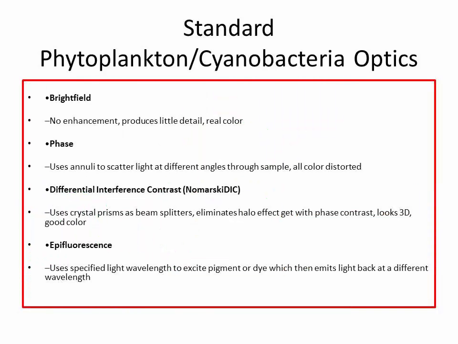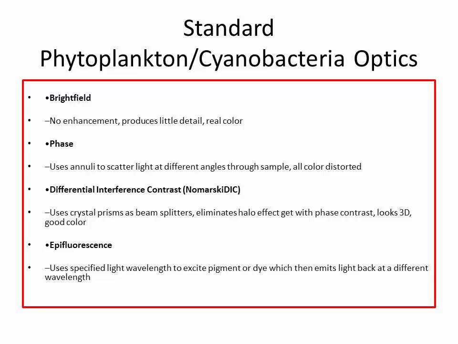What about optics, briefly? I guess the main thing here is that bright field doesn't do a very good job. If you're counting zooplankton and things like that, they have lots of shape and a bit of color to them, but when you're looking at cyanobacteria, you need phase because they're prokaryotic.